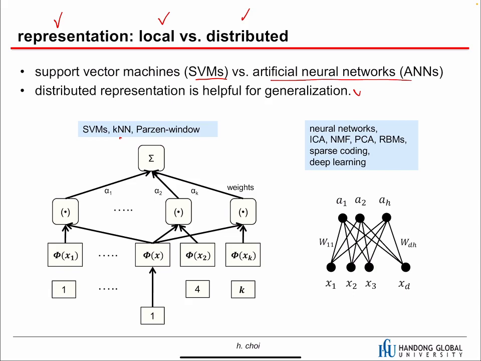Okay, so let me give you an analogical example here. When we have a lot of samples, let's say it's fruit. We have a lot of different types of fruit, apple and orange and mango and melon or something.